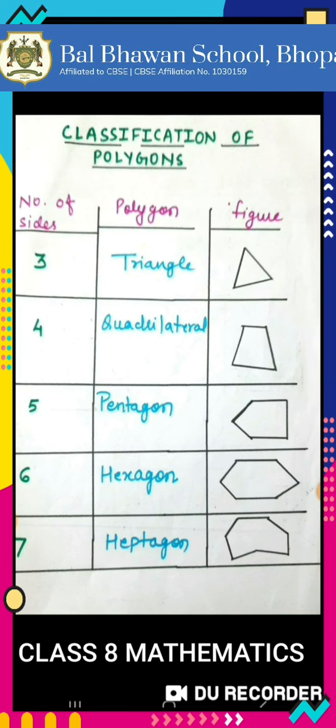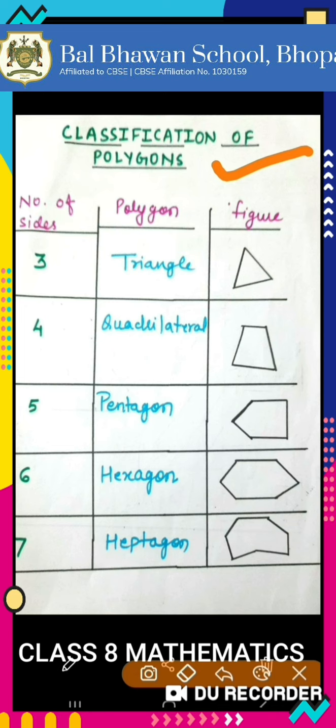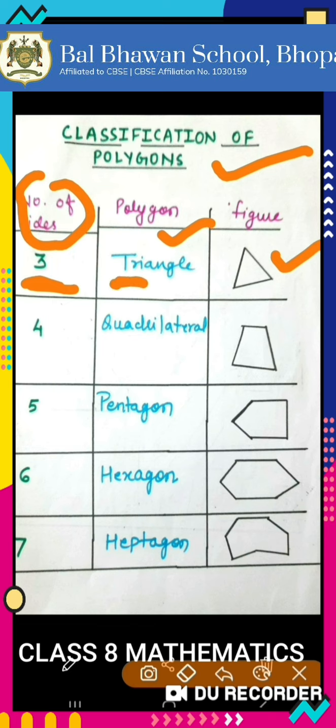Children, here we will study the classification of polygons on the basis of number of sides. If any polygon is made up of 3 line segments, then it is called a triangle. Tri means 3. Now the next one. If any polygon is made up of 4 line segments, then it is called a quadrilateral.